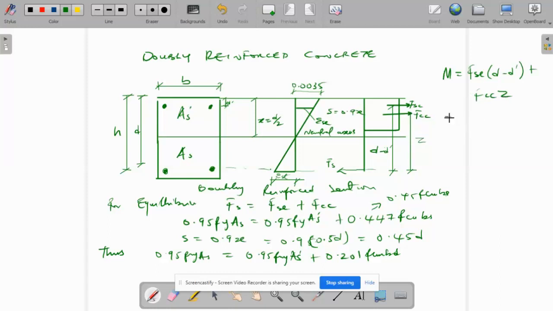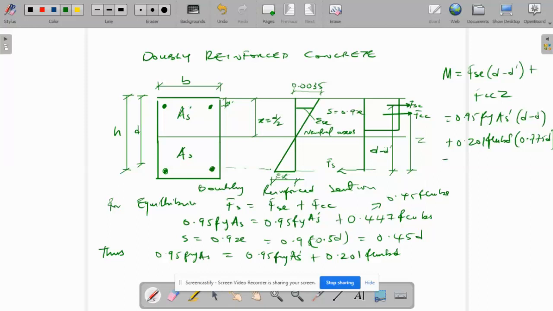If we substitute, this will be equal to 0.95 fy As prime, bracket d minus d prime, plus 0.201 fcu b d, which we have here already, then bracket 0.775d.